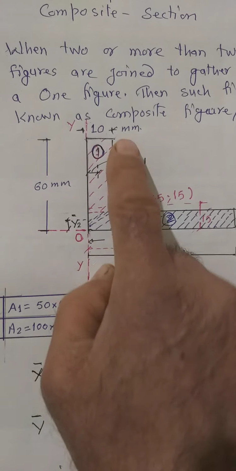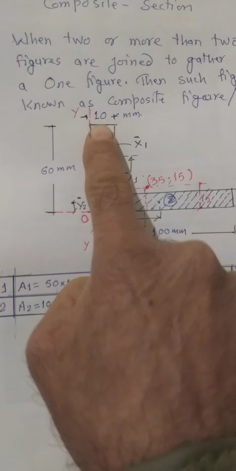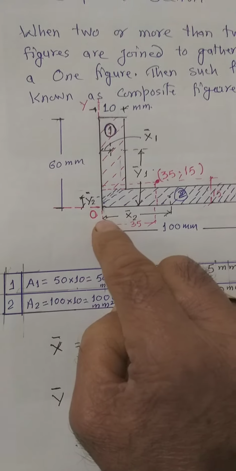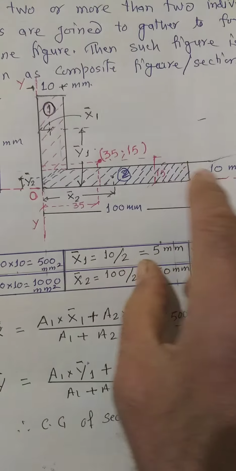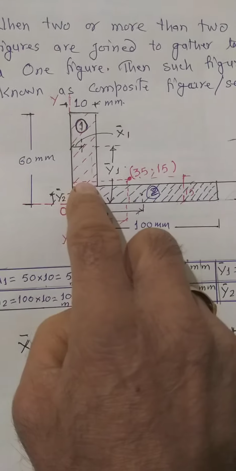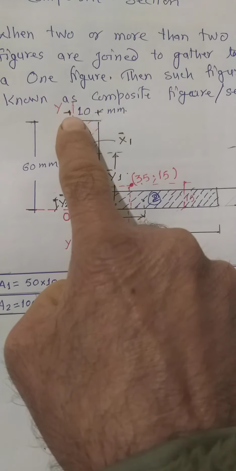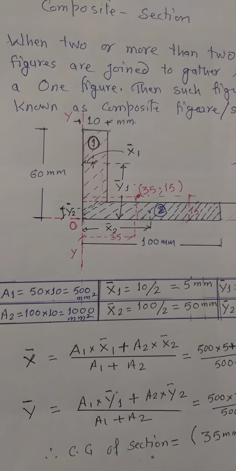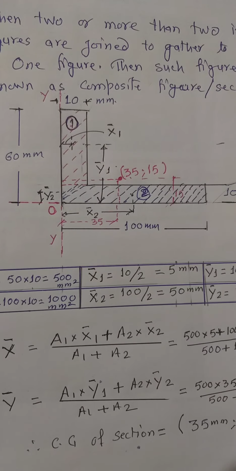First of all we have to calculate the area of figure number 1. This is nothing but 60 minus the 10, that becomes 50 over here. So 50 into 10 is the area of figure number 1.